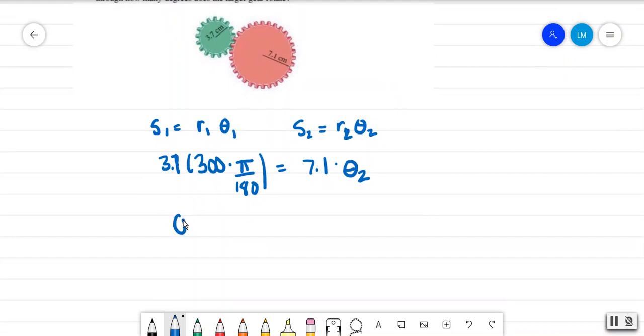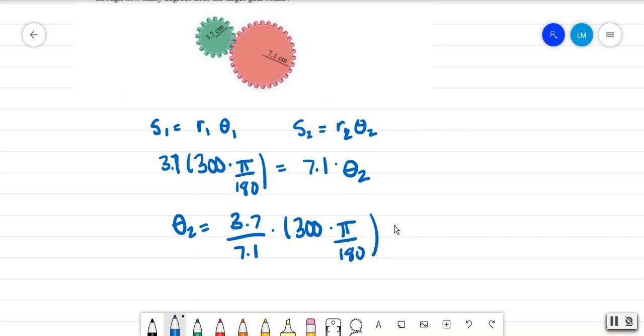So using some manipulation, we have 3.7 divided by 7.1 multiplied by 300 multiplied by pi over 180. But remember how I was saying you're going to have to multiply by the 180 over pi anyways.